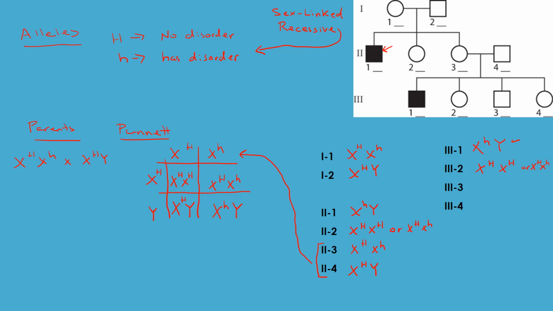Individual 3-3 is a healthy or unaffected male, so we know that for sure. And individual 3-4, again, could be one of two genotypes, either a homozygous unaffected or a carrier carrying that recessive allele.